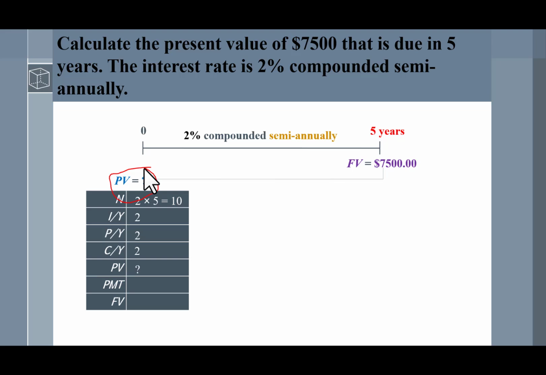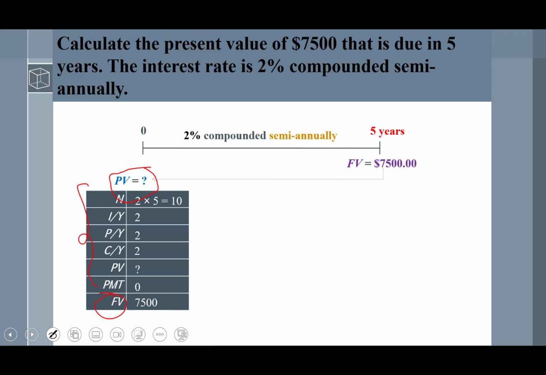So we're looking for the present value. We're going to skip that, enter the PMT, enter the future value. Then go back to the present value and press CPT. So it's similar to what we did in the future value for those who didn't watch the video. Instead, for the future value, we entered all of these and we calculated the future value.